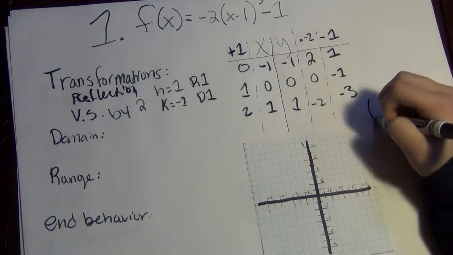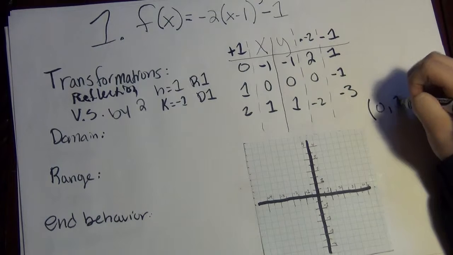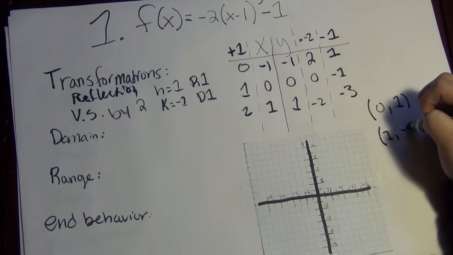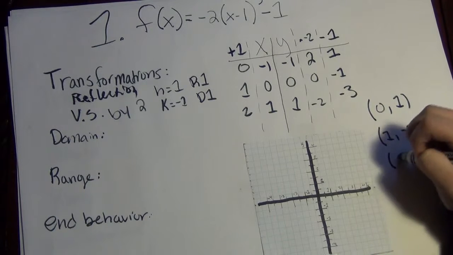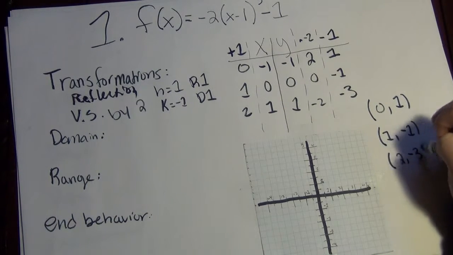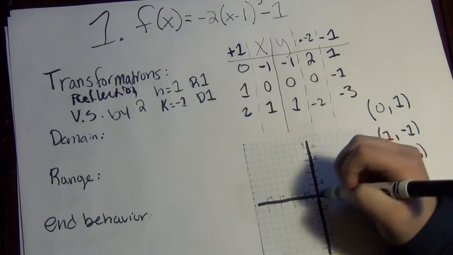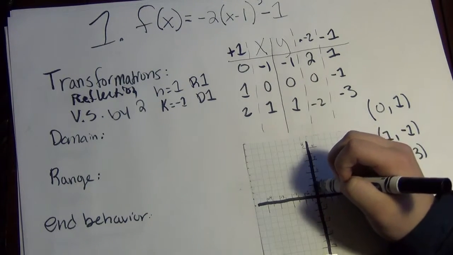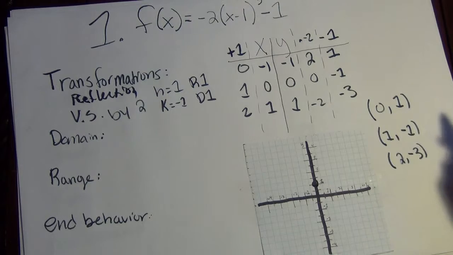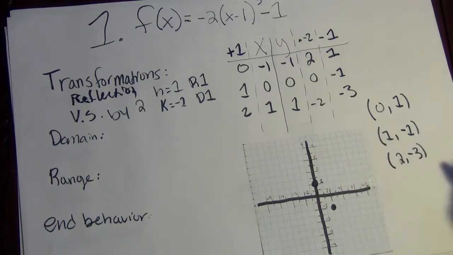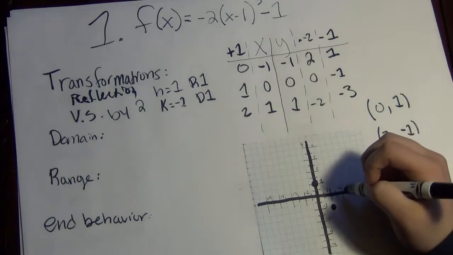So the points would be 0, 1, then 1, -1, and 2, -3.